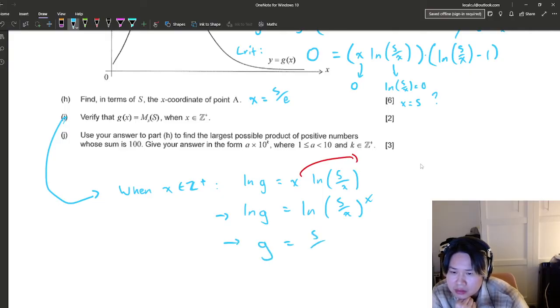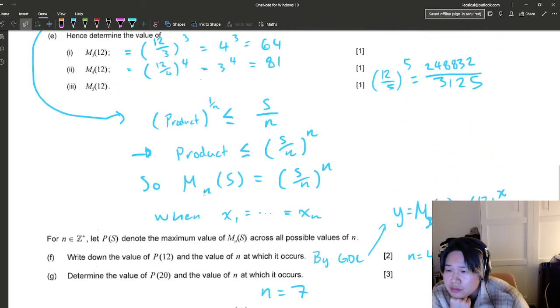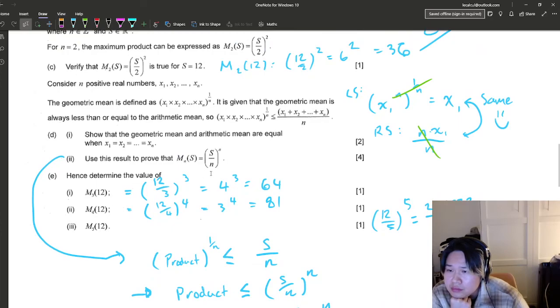The two are equal. And then this is by definition this, right? As long as these are integers. Yeah.